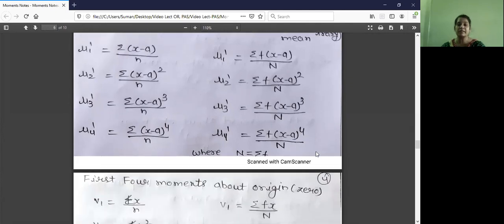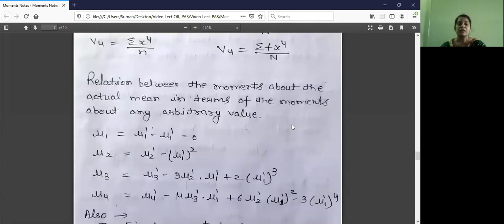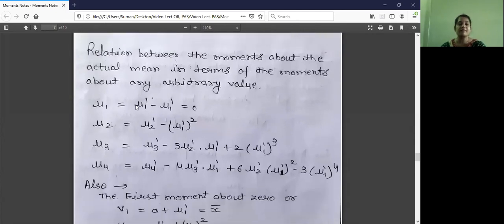That means this will take you 10 to 15 minutes. So if you know these relations, first we find the assumed mean. Got it? We find the first four moments about assumed mean, so we get the values of mu1 dash, mu2 dash, mu3 dash and mu4 dash.